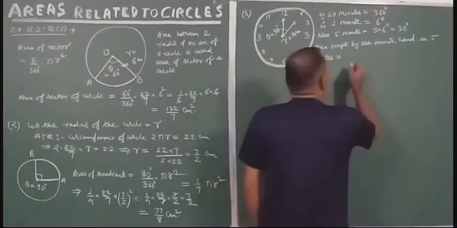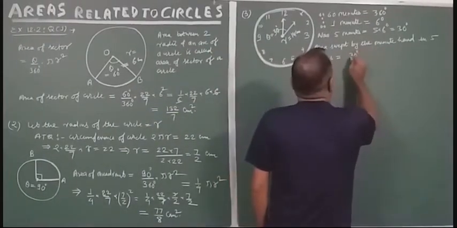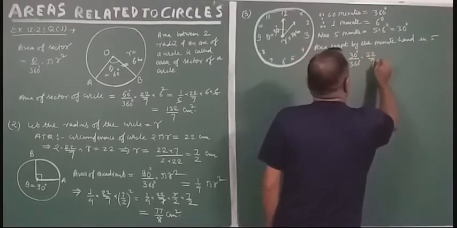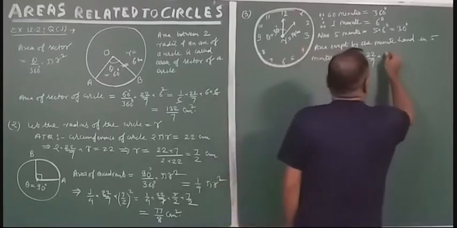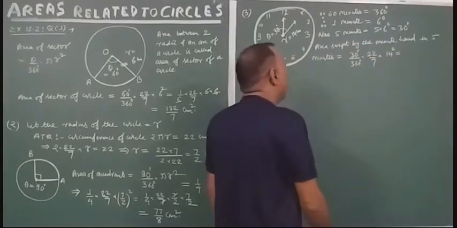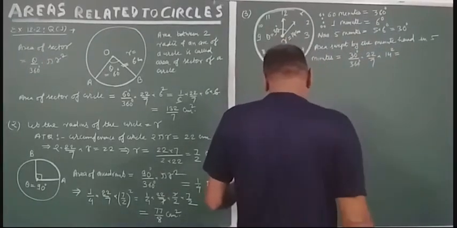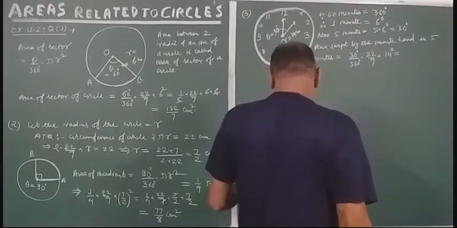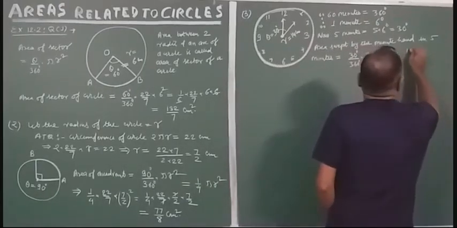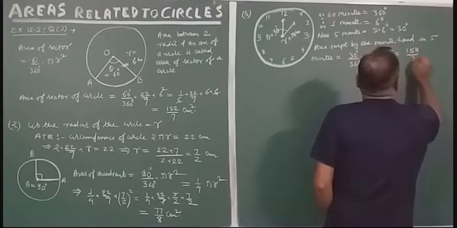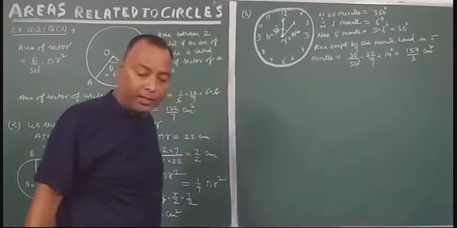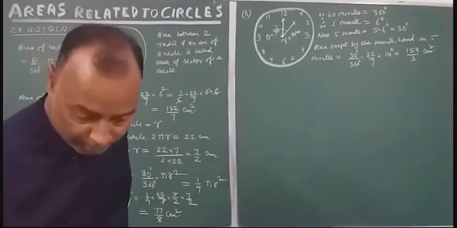So what will it be? Theta is 30 degree upon 360 into pi, and your r is how much? 14 centimeter, 14 square. So when you solve this it is 1 upon 12, and when you divide this, it will become 154 upon 3 centimeter square. Is it clear?